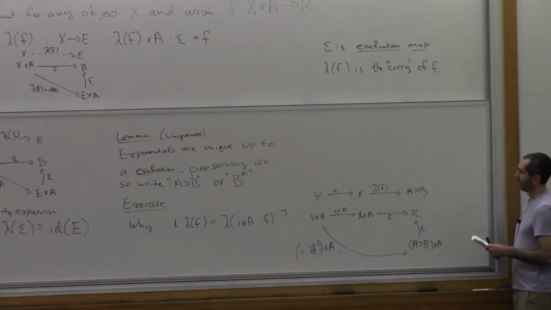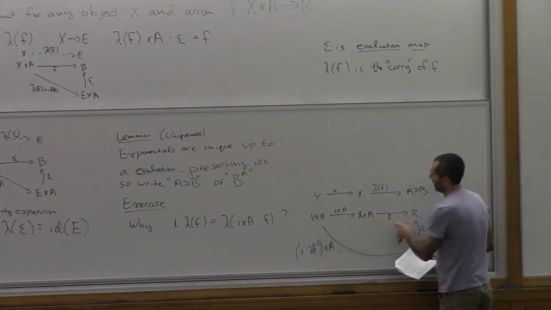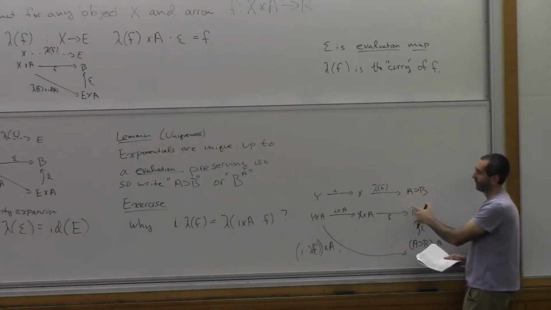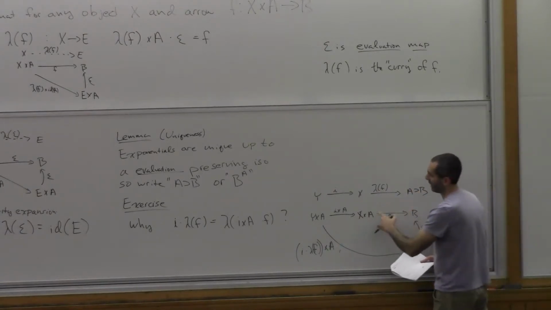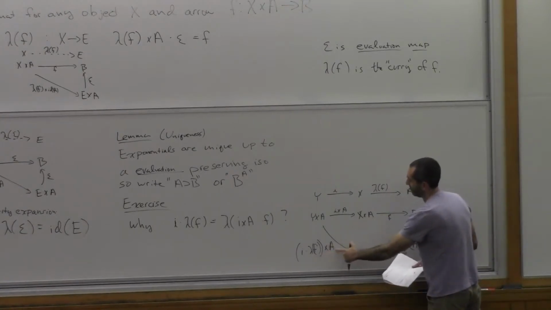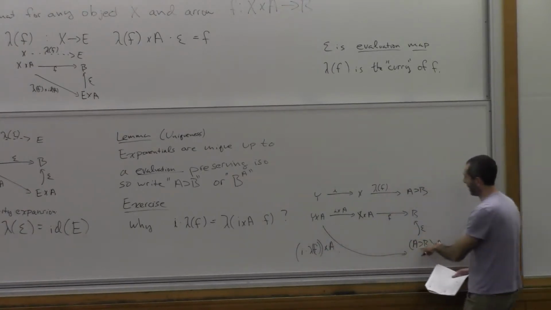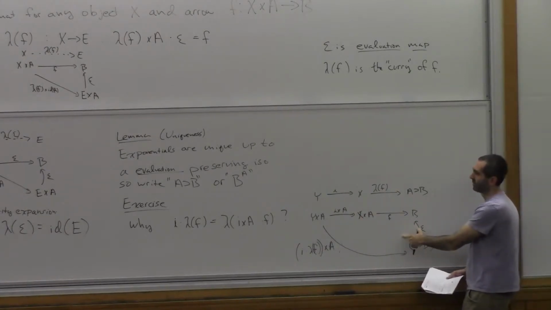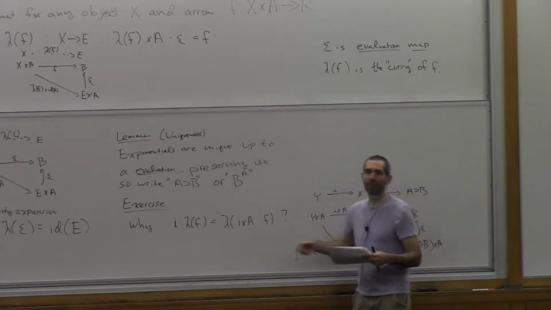The reason is that this composition has a unique curry, a unique adjoint transpose, such that if you take that thing and compose it with the identity map on A and evaluate it, you just get this thing. If this triangle commutes, then it answers this question.